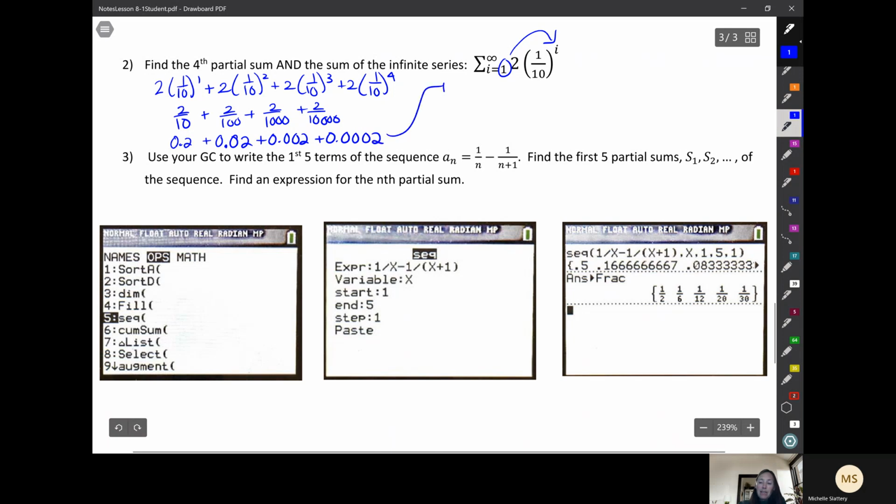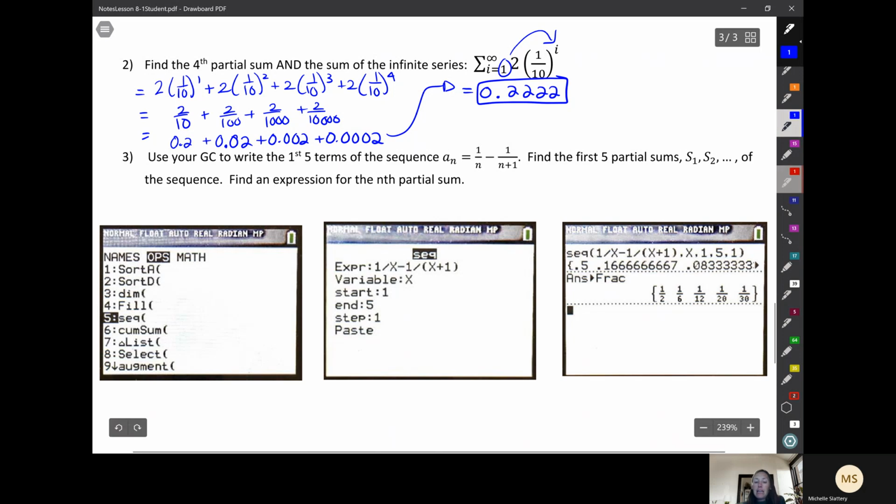So that is equal to 0.2222. Wow, that's interesting. Okay. And that's going to be my fourth partial sum, the sum of the first 4 values.